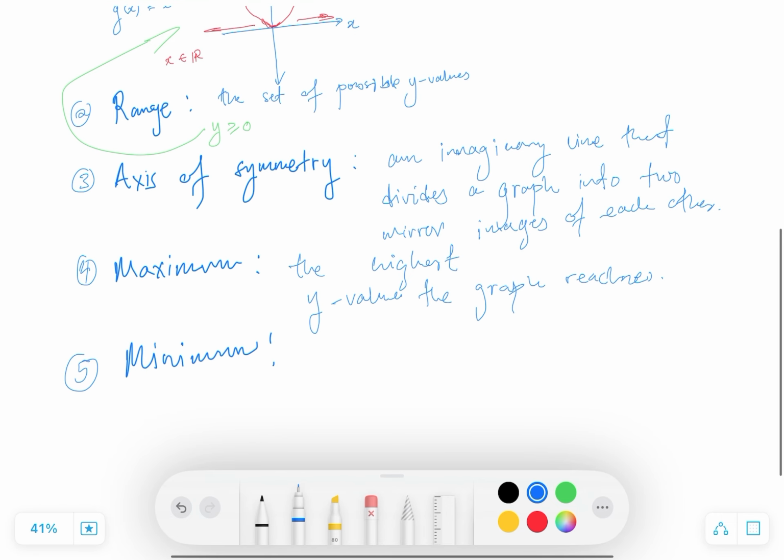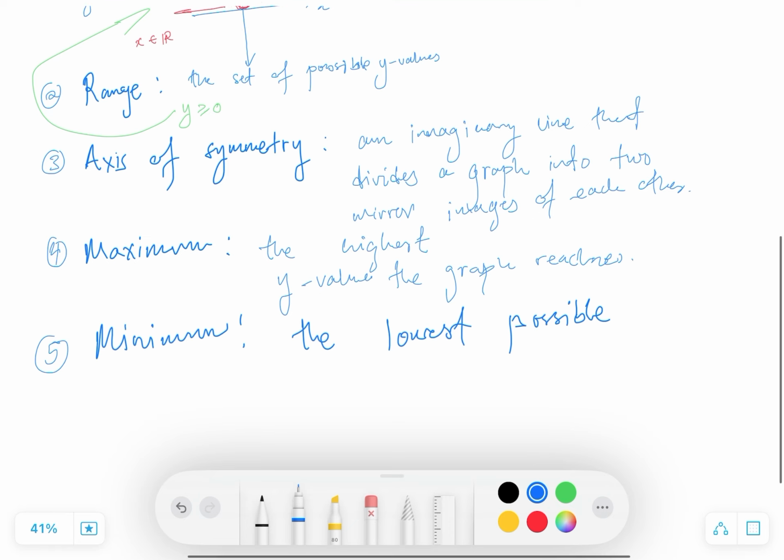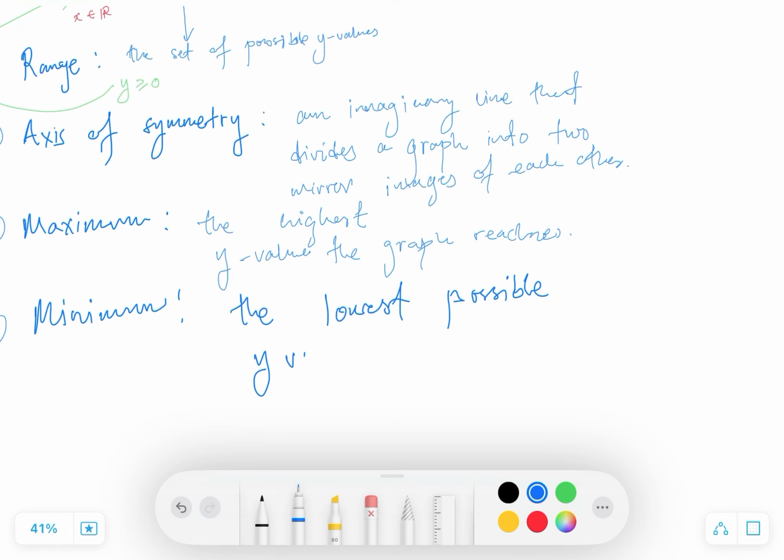Minimum. So this is the lowest possible y value of a function.